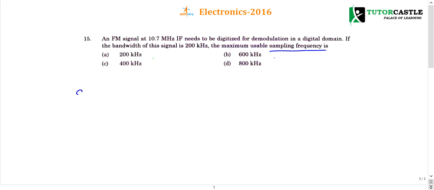So you might have already studied the Nyquist criteria. The Nyquist criteria state that the sampling frequency must be greater than or equal to 2 times the maximum frequency component of the signal. This is valid generally for low pass signals.